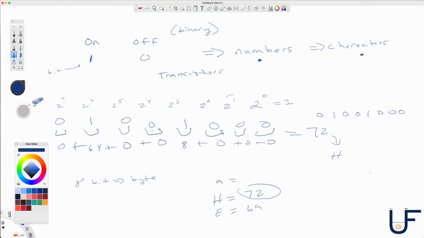Okay, so by the way, it doesn't stop at just binary. There's something called hexadecimal that's also used in computers, and hexadecimal gives you even bigger numbers. There's 16 possible states, 16 possible values, right? We're not going to get too much into those details. We can cover that later, but hopefully this helps in at least getting you an understanding of what binary is and how binary is used inside of a computer.